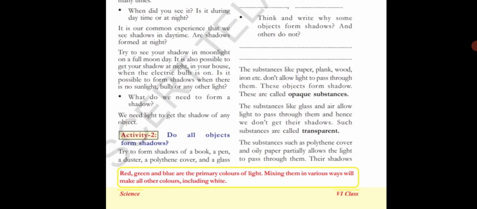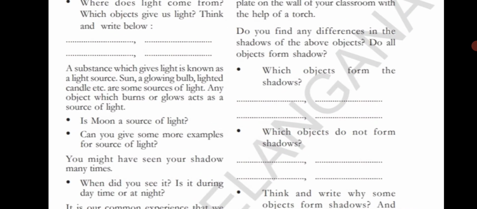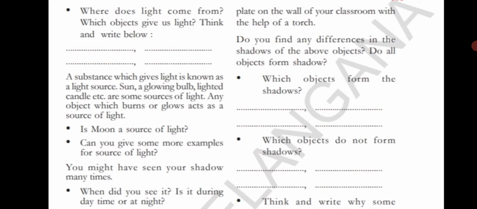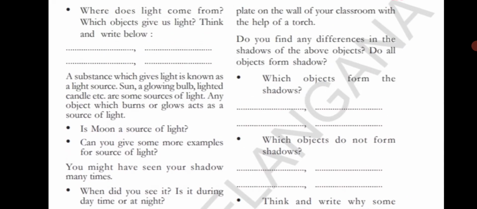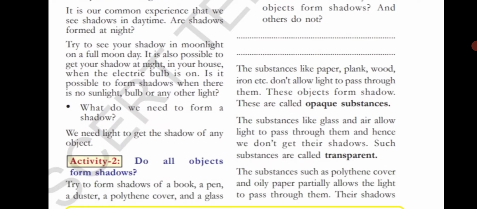Let's see. Try to form shadows of a book, pen, duster, polythene cover, glass plate on the wall of your classroom with the help of a torch. Do you find any difference in the shadows of the above objects? Yes. Do all objects form shadows? No. Which objects form shadows?